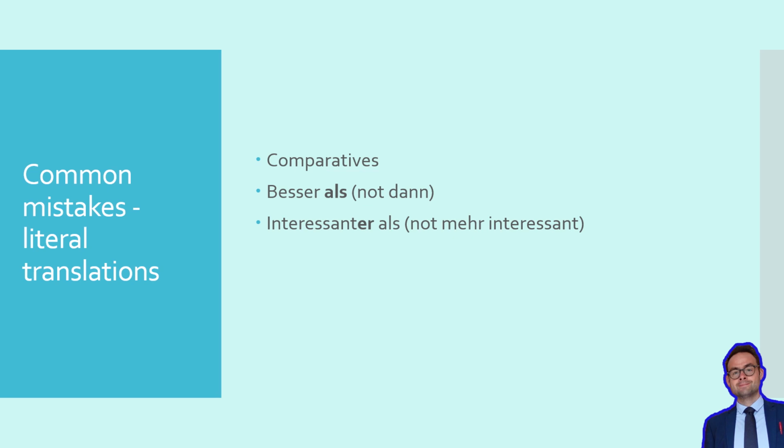For every single adjective, you're just going to add er to the adjective to make it a comparative. Interessanter als. And I'm addicted to computers. I'm computer addicted. Ich bin computersüchtig.